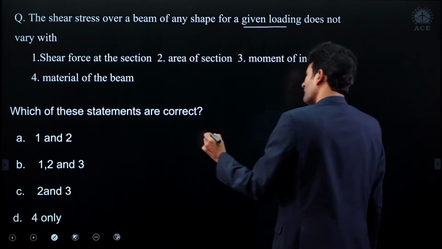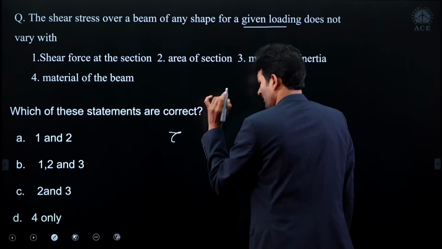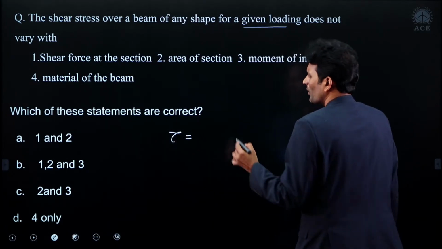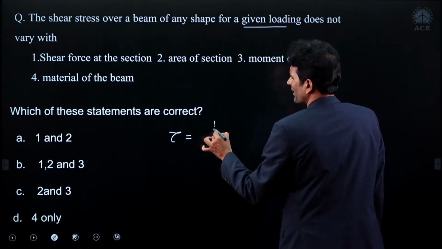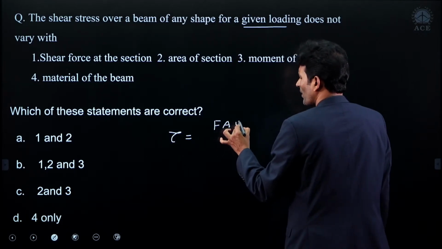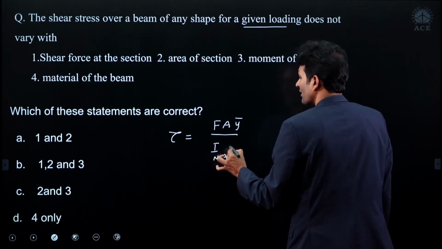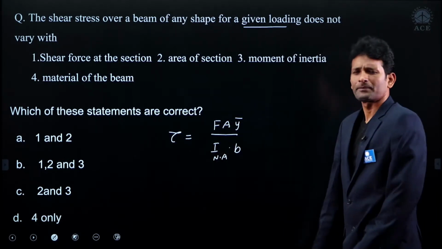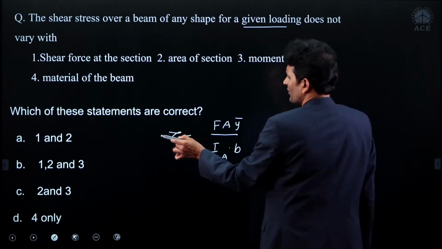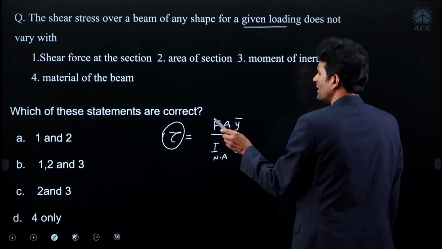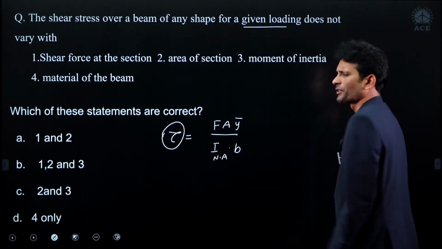See, irrespective of the shape of the beam, if I want to find out the shear stress at any section, what is the relation we are using? F A y bar divided by I N A dot B. మనకి తెలుసు. So, shear stress at any layer for the given section of the beam, it will depend on these 5 parameters.